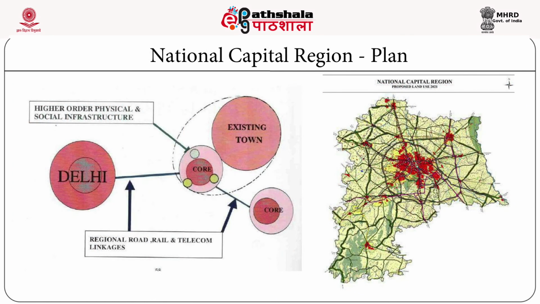As you can see from the drawing, there were counter magnet towns, city settlements were planned, and then satellite towns where higher order physical and social infrastructure was planned to be provided, and upgradation or improvement of the regional road and rail corridors was proposed.